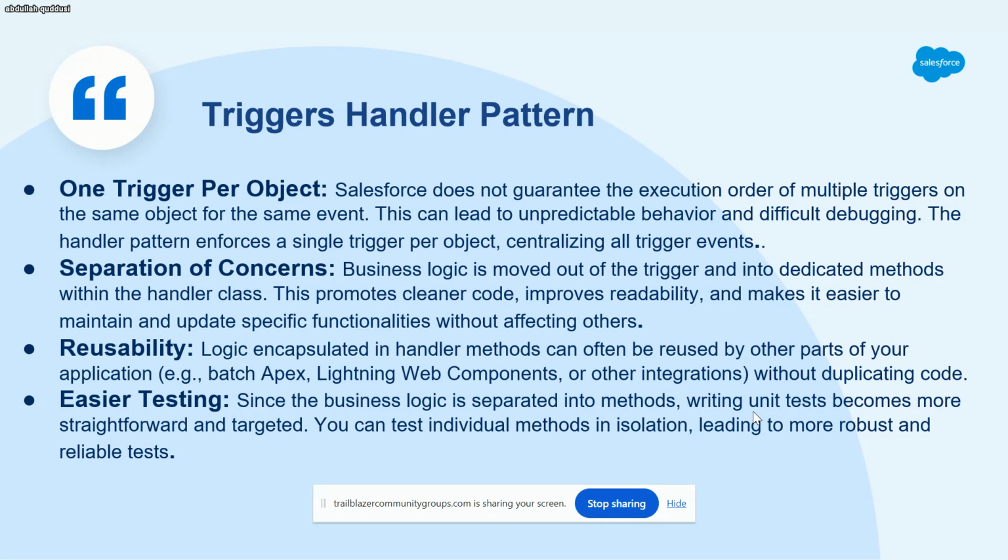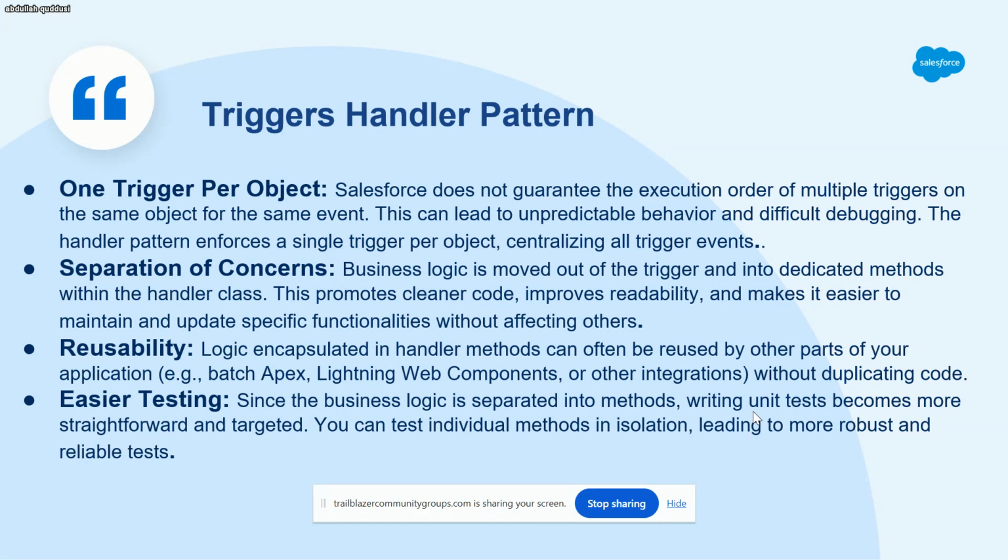Separation of concerns, as you know, is very good practice. We have to implement this in all other languages, whether someone has worked on Java or .NET. Separation of concerns is one of the main pillars, and we have to write code that follows this principle.